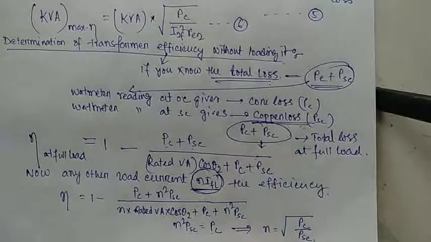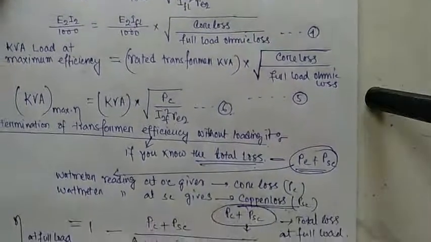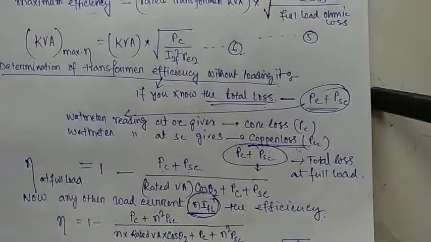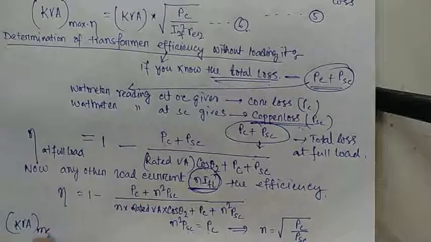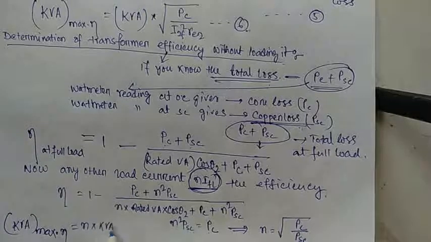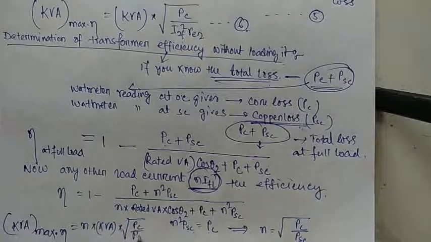So equation number 6 can be rewritten: KVA at maximum efficiency is equal to N into KVA rated into the root of PC by PSC.